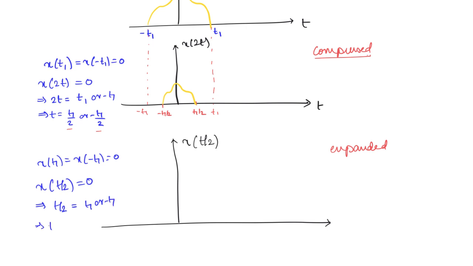So this will give you t is equal to 2 times t1 or minus 2 times t1. Okay, so if you have t1 at this point, then 2 times of this is minus t1. So 2 times t1 is going to be like this. Okay, so now the signal is going to occur from here to here.